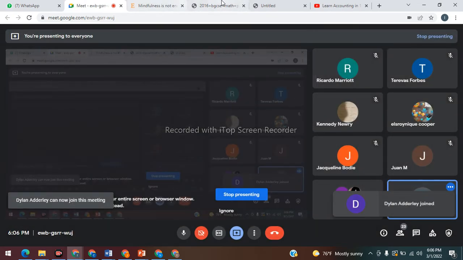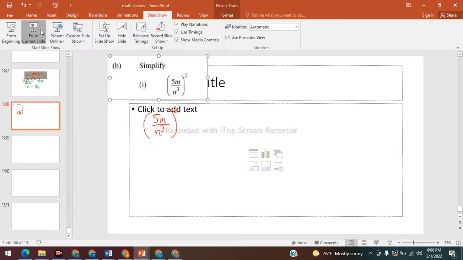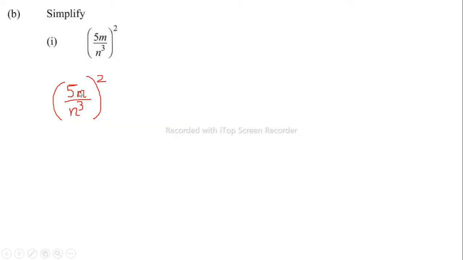Let's continue. We have 5m divided by n to the third power, all squared. What we're going to do is apply this 2, the squared, to the numerator, the top part of the fraction, and also to the denominator.